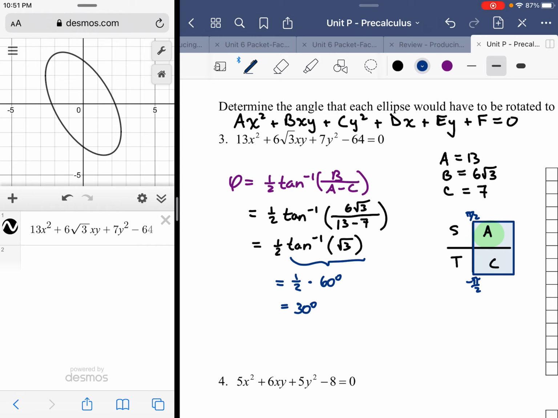At first glance, I was like, oh, where did I go wrong? But assuming that it was a vertically oriented ellipse to begin with, that would make sense. If this were a vertically organized ellipse, then it would be something that seems to be rotated by a measure of 30 degrees.